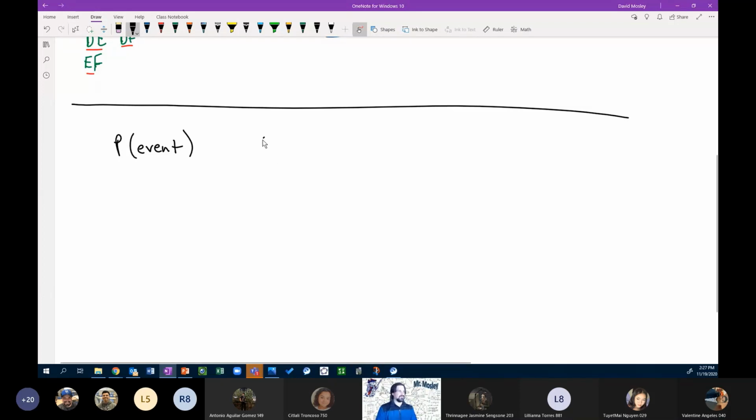So I can have event A, event B, whatever these may be. In the discussion board, we'll have event F, face card, event H, heart. If I want the probability of A, I want to know what are the chances of this event occurring based on the total number of outcomes possible.